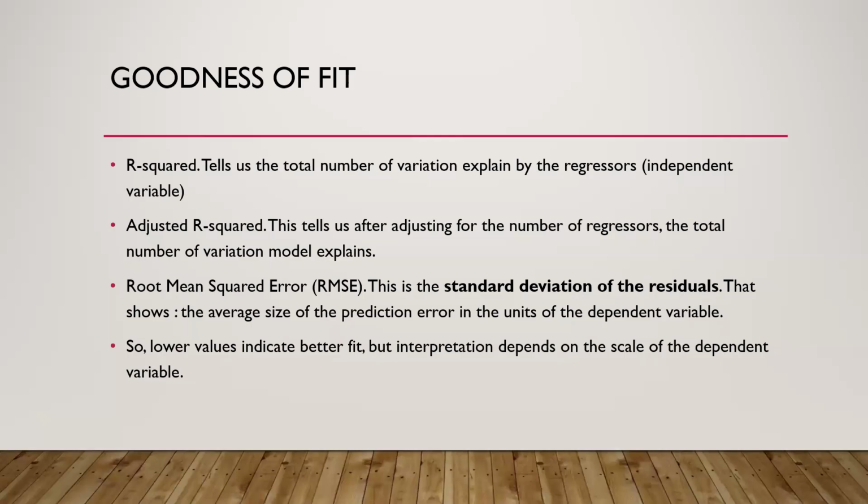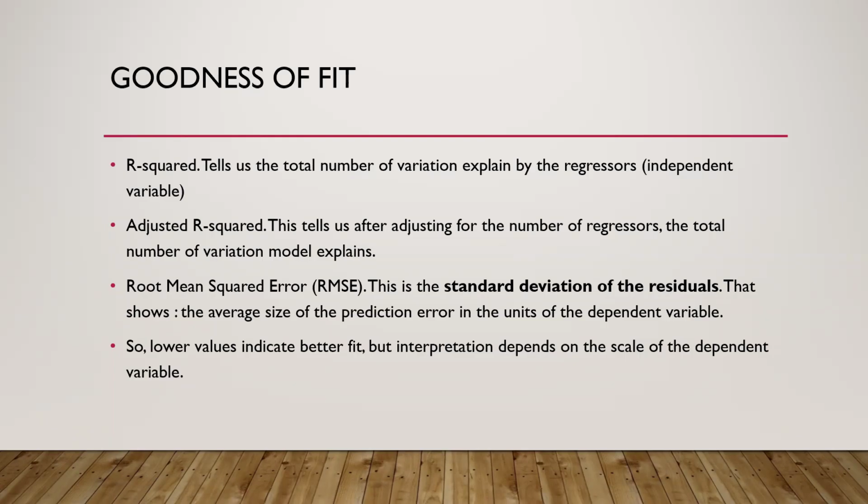But the interpretation depends on the scale of the dependent variable. When we talk of the scale of the dependent variable, especially those who go for primary data, you know how the scale of the predicted variable looks like.